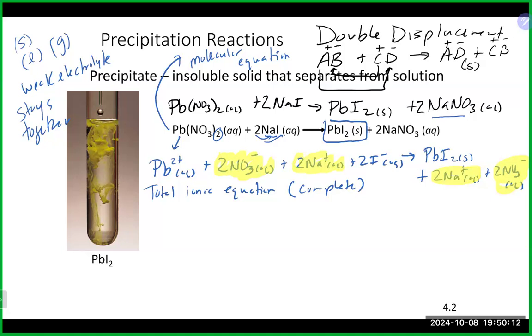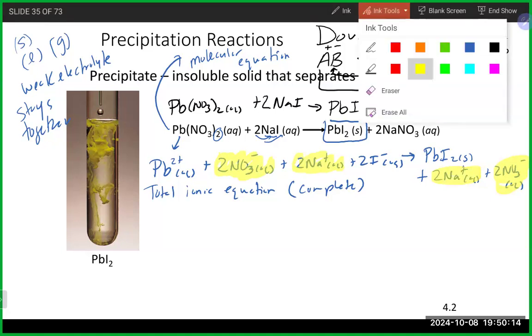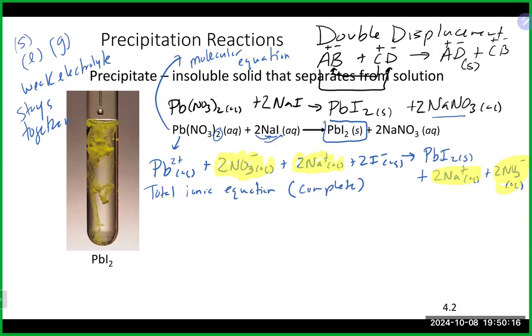These ions that you find on both sides of the arrow that look exactly the same, and by the way, if you do it correctly, should be the same number on both sides. There's 2's on each side of those guys. Are what are referred to as spectator ions. If you are a spectator, you are just watching, right?